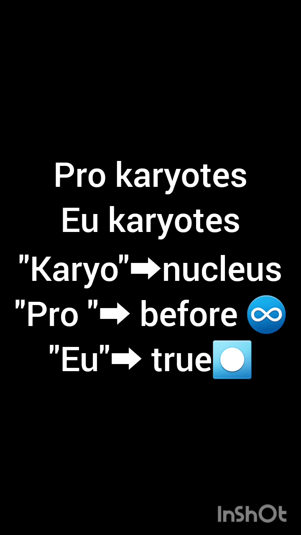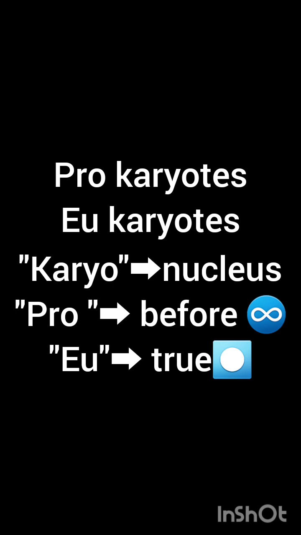So you can write a loop of DNA or nucleoid, but don't say DNA only, wrong. And for eukaryotes, it's a true nucleus, and as we know, a nucleus is a membrane bound nucleus, but nucleoid lacks a membrane bound nucleus. So you can know the difference from the word itself.